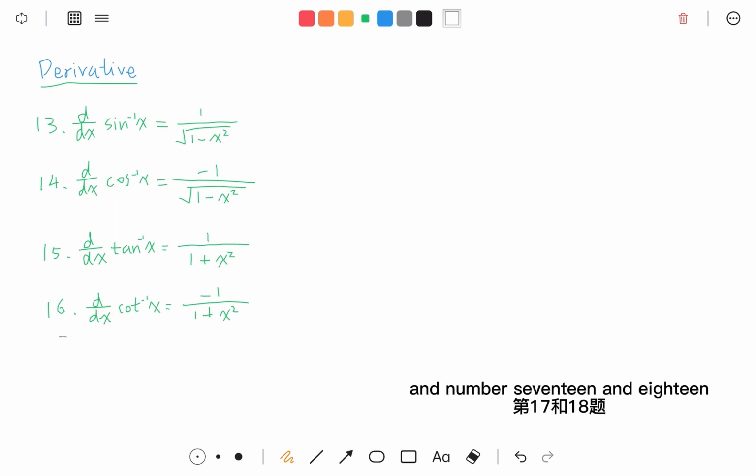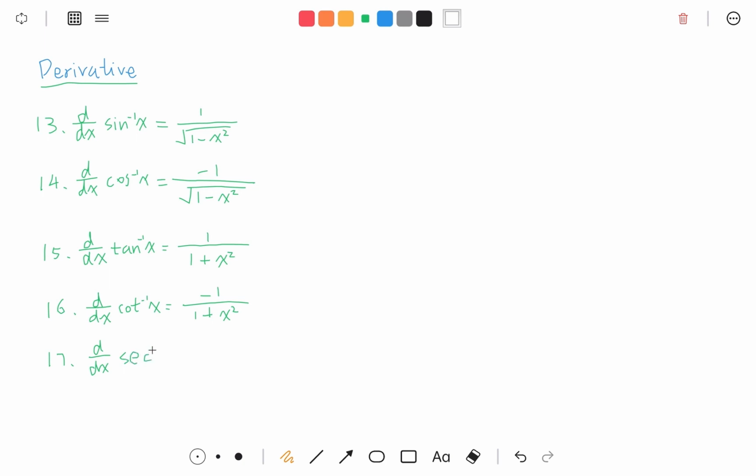And number 17 and 18. d/dx arcsec x is equal to 1 over the absolute value of x times the square root of x squared minus 1.